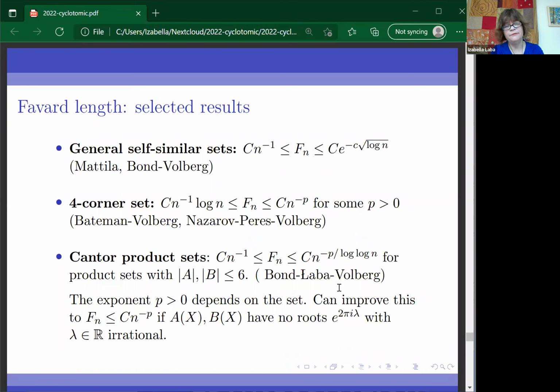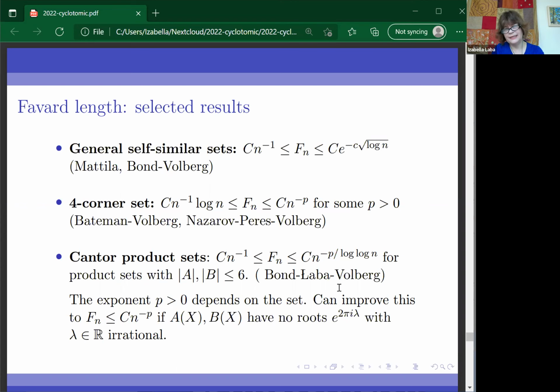And there are also various upper bounds. The first one of those was the bound for the four corner set due to Nazarov, Peres, and Volberg. And then that was extended to various classes of sets by various authors.